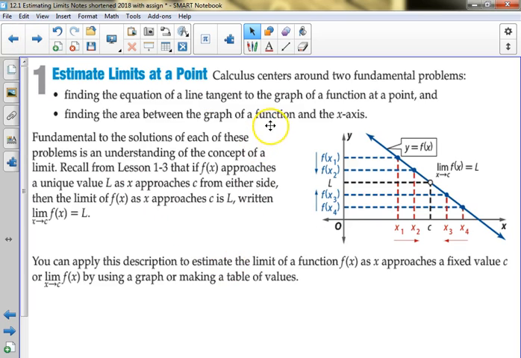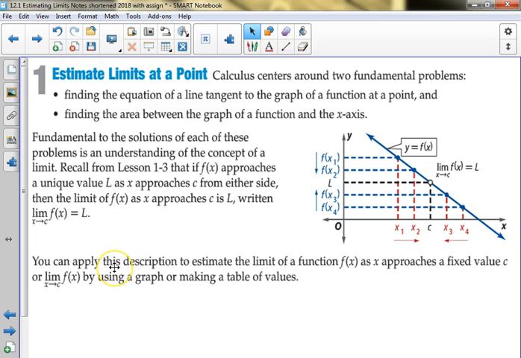It says calculus centers around two fundamental problems: finding the equation of a line tangent to a graph of a function at a particular point, and finding the area between the graph of a function and the x-axis. Fundamental to the solution of these problems is the understanding of what's called a limit.